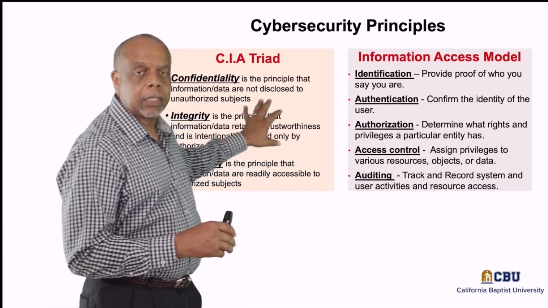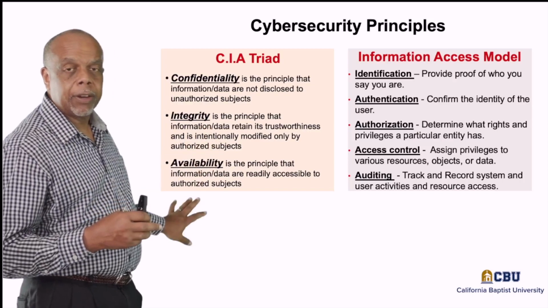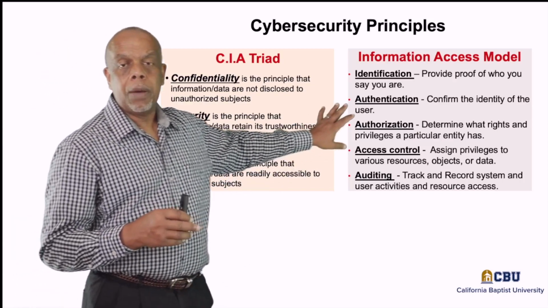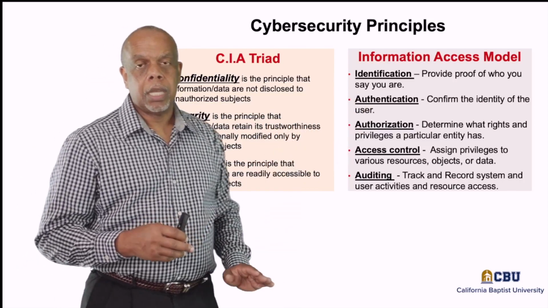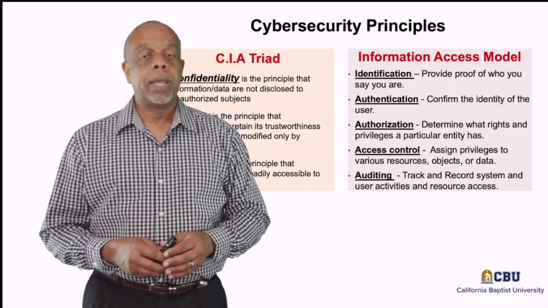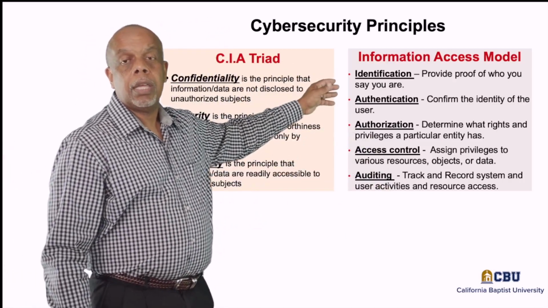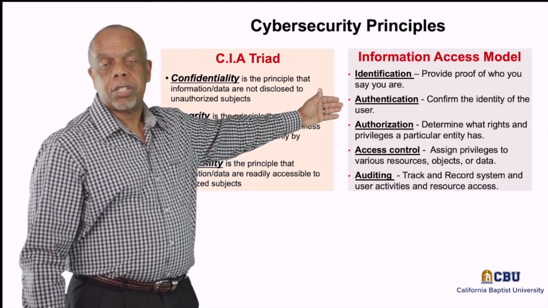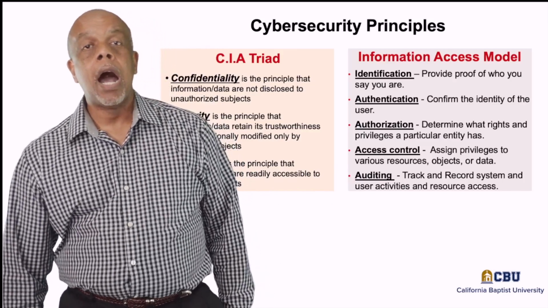Now that we've got them confidential, and we've validated their integrity and availability, we want to be sure we're controlling access to those information objects, so that a subject like me coming in doesn't have free rein to just go through, because I've got to follow this information access model: identification, authentication, authorization, access control, and auditing.